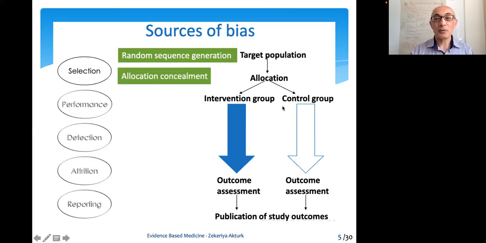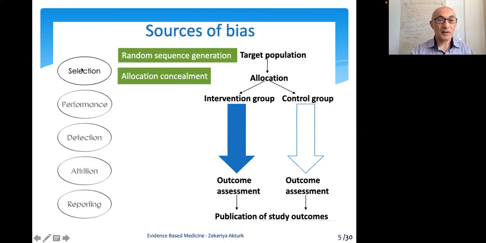The intervention group receives medication A, the control group placebo or medication B, and you have an outcome like systolic blood pressure. You measure the systolic blood pressure and you write your report and make your publication. So at each stage of your study, you will encounter some different types of biases.